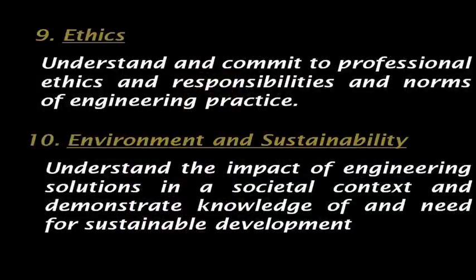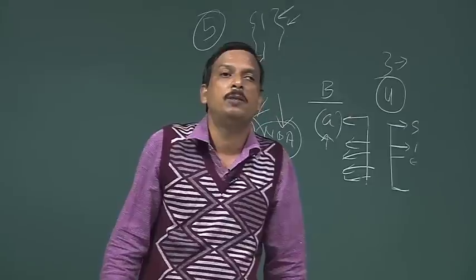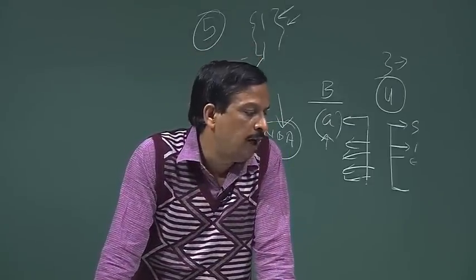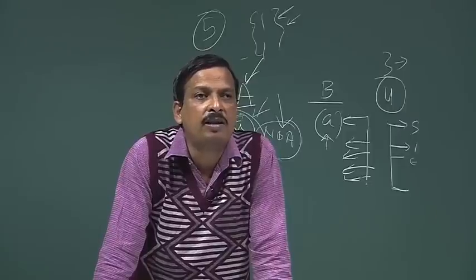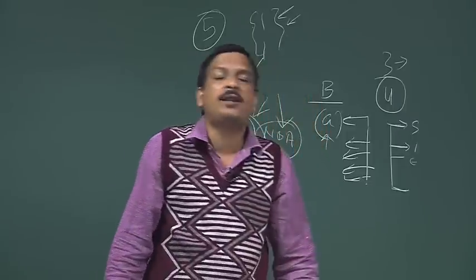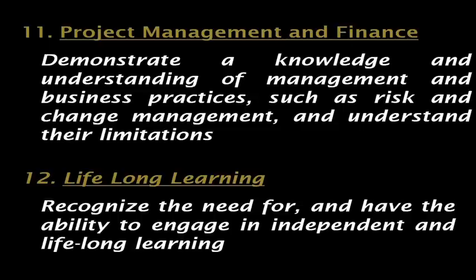Next requirement is environment and sustainability. Understand the impact of engineering solutions in a societal context and demonstrate knowledge of and need for sustainable development. An engineer must know environment and sustainability parameters also. Next one, project management and finance.